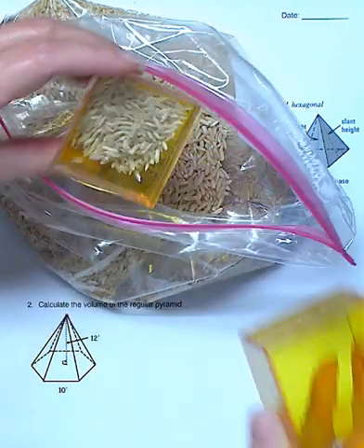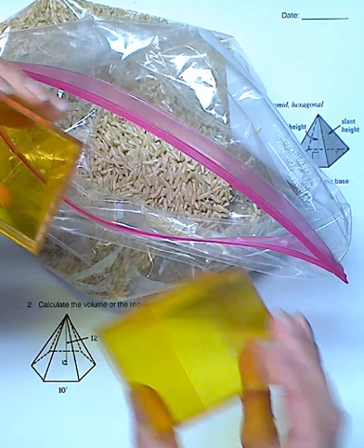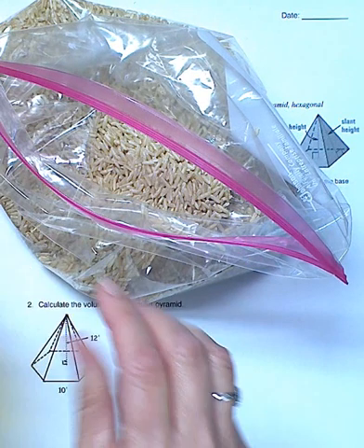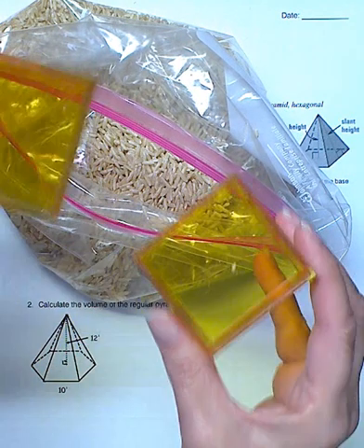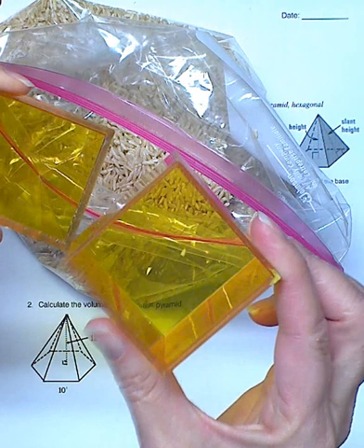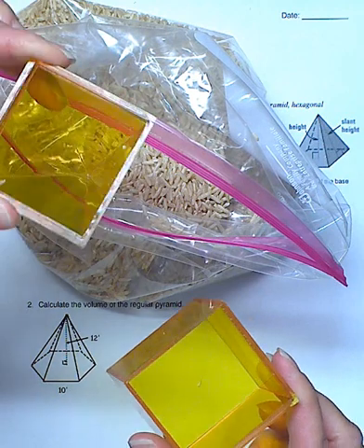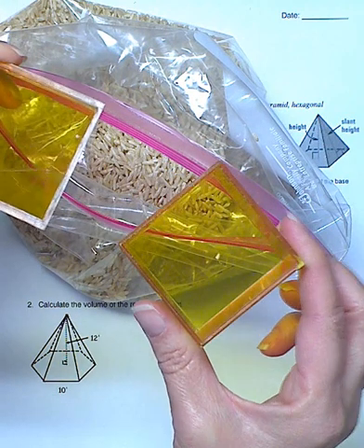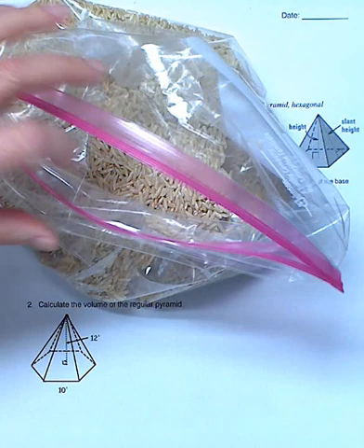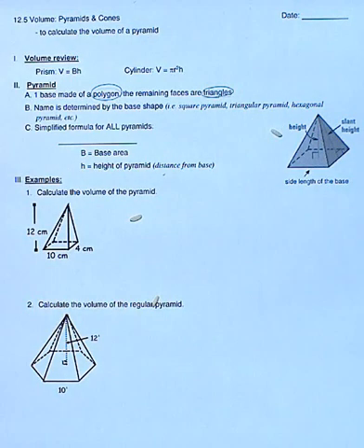Give or take a few kernels of rice because I lost some, but it filled it 3 times. So this prism filled this pyramid 3 times. So that means the pyramid is a third of the prism. So that's exactly what the formula says as well.